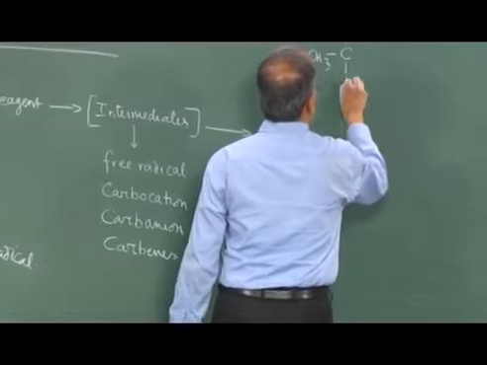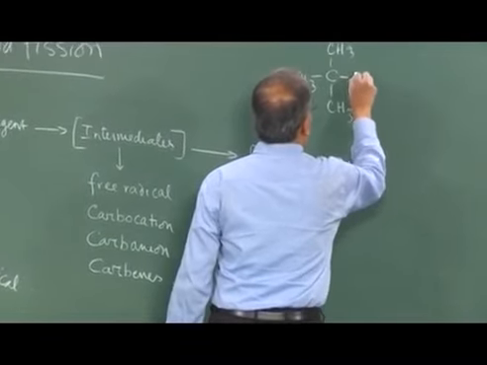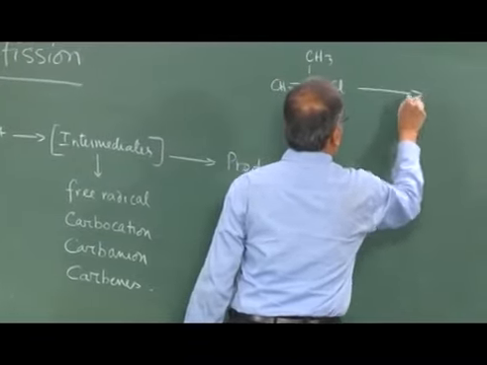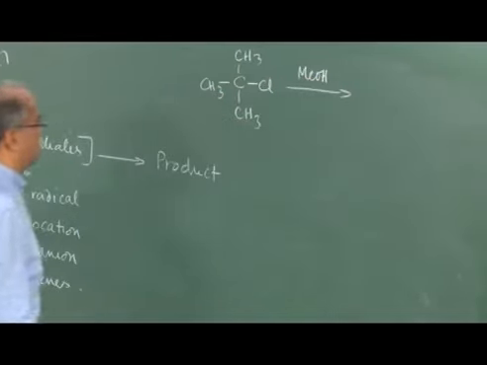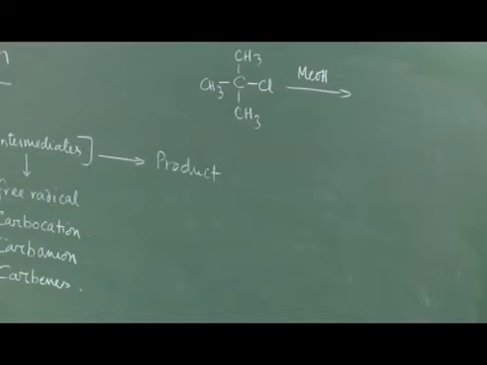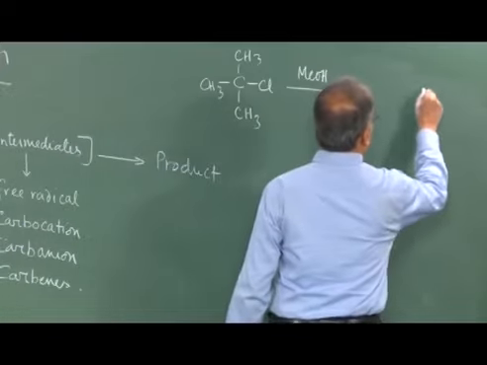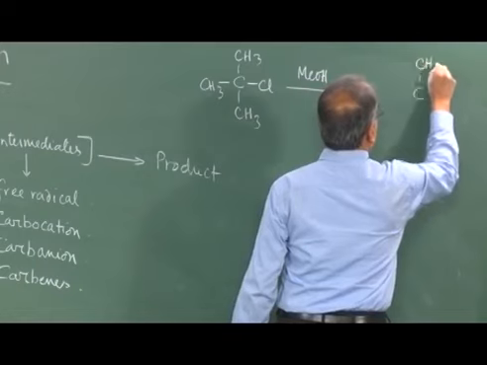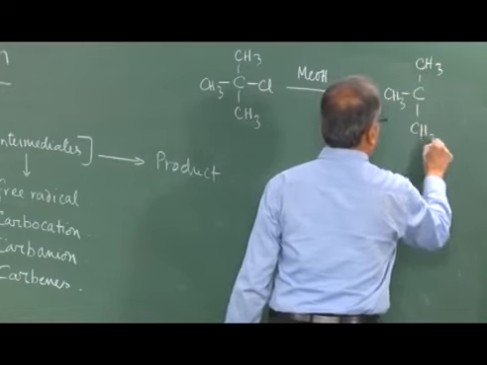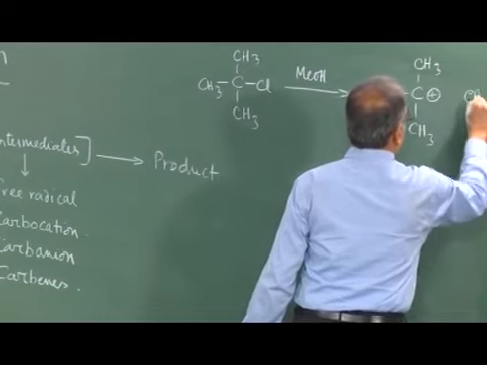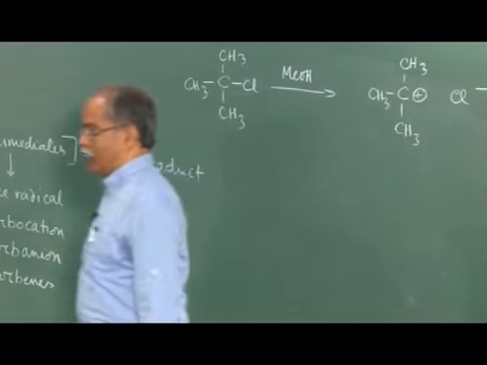As I mentioned earlier, if you put tertiary butyl chloride in methanol as a solvent, methyl alcohol is a polar solvent, it is a hydroxy compound. So, it is highly polar in nature. Under these conditions, the carbon chlorine bond undergoes ionization to produce a chloride ion.